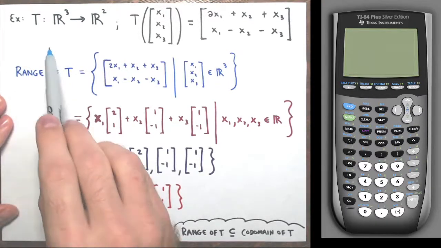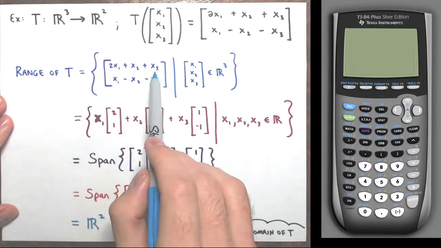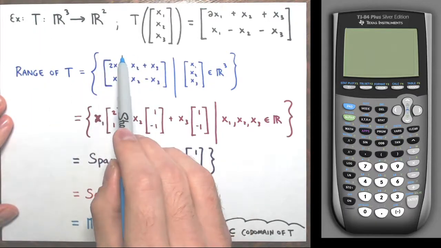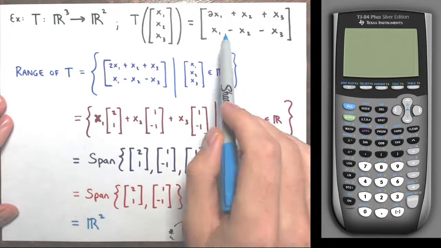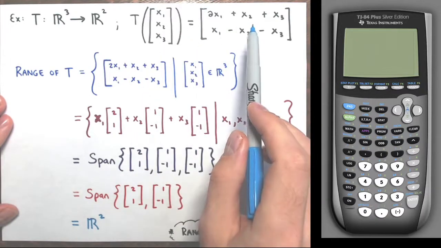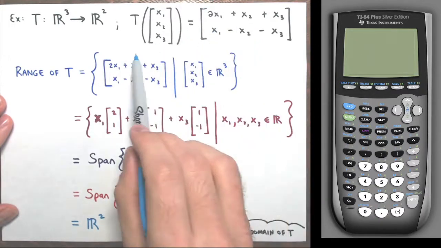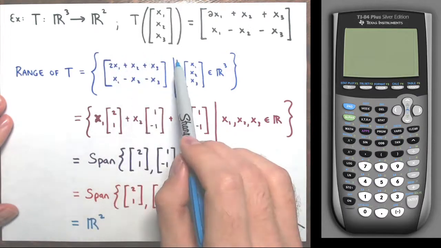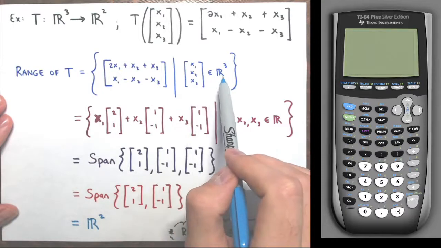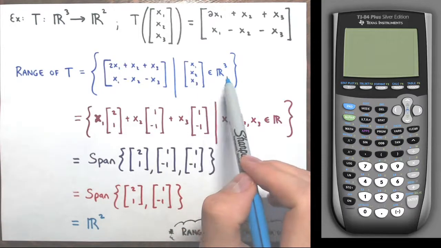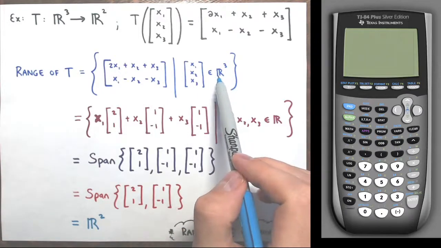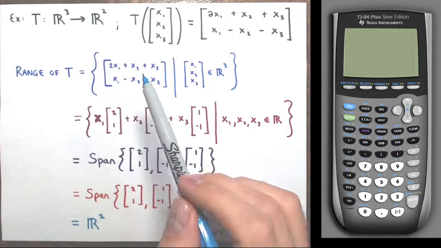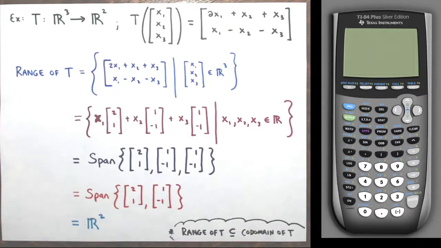The range of this transformation is the set of all vectors that look like this, just what t of x looks like, what t of the vector looks like. So all the outputs, all the vectors that look like this, such that the input vector x1, x2, x3 comes from the domain R3. So it's totally valid to write this as the range. It's what the range is, all the outputs.